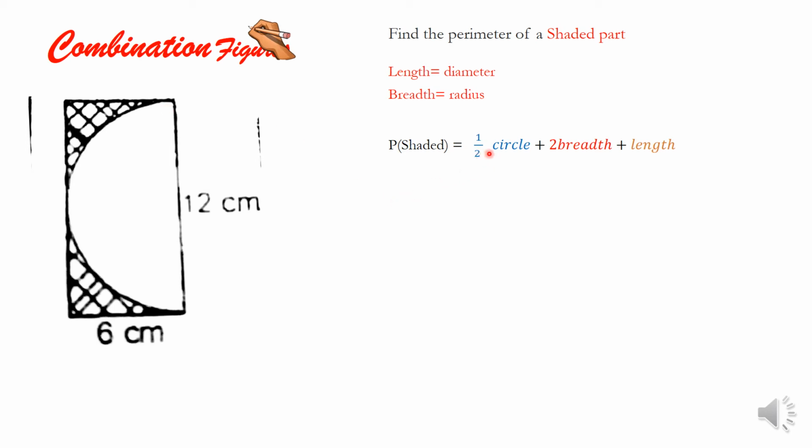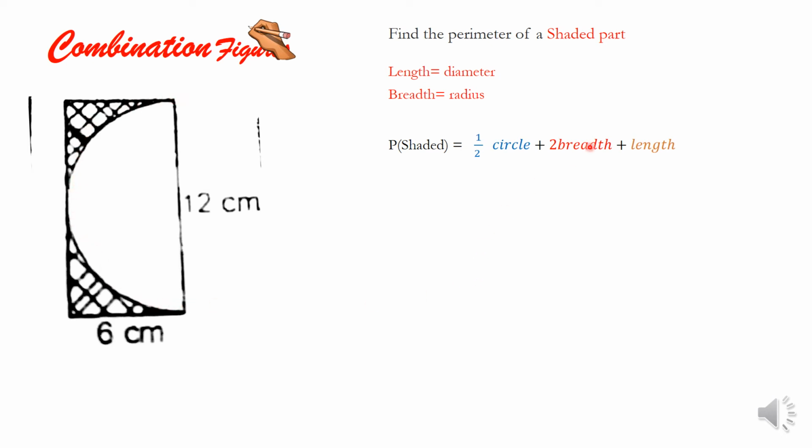So our formula here, we have half a circle. What do we mean by that? We actually mean half of the circumference of a circle. If you complete this whole thing here, it will be a circle. So half of that circumference will be this length here on the semicircle. Okay, and this is what we need right there.